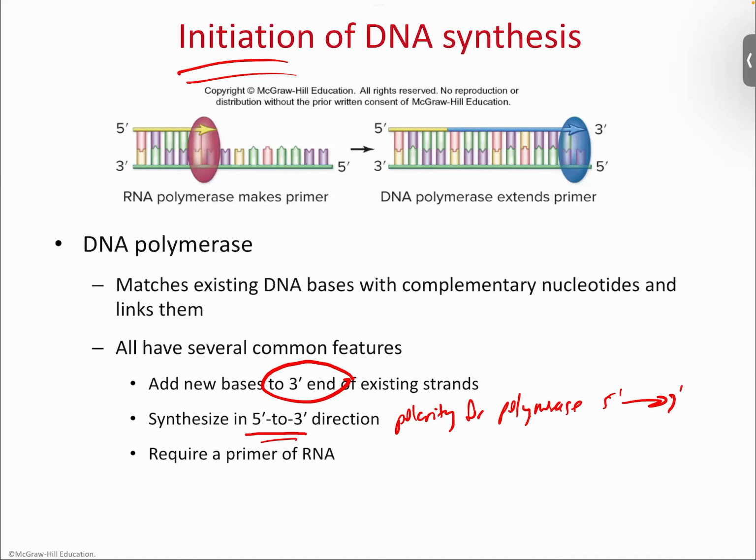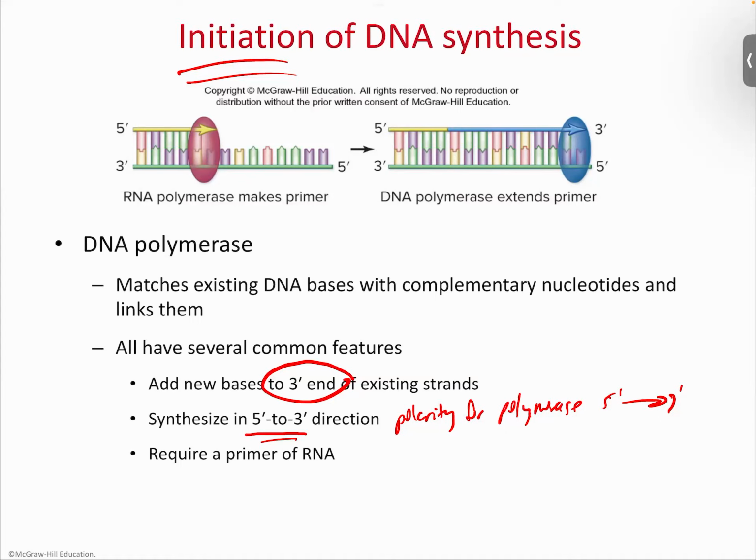If you're trying to go 3' to 5', what that means is you're starting from this 5' end, but what's sticking out there in the 5' end? It's a phosphate, right? You can't do anything with that. Remember, you need the elements of dehydration, which means you need water, H2O. The 3' hydroxyl is the only one that gives you that, right? That's the reason why you can only go in the 5' to 3' direction.